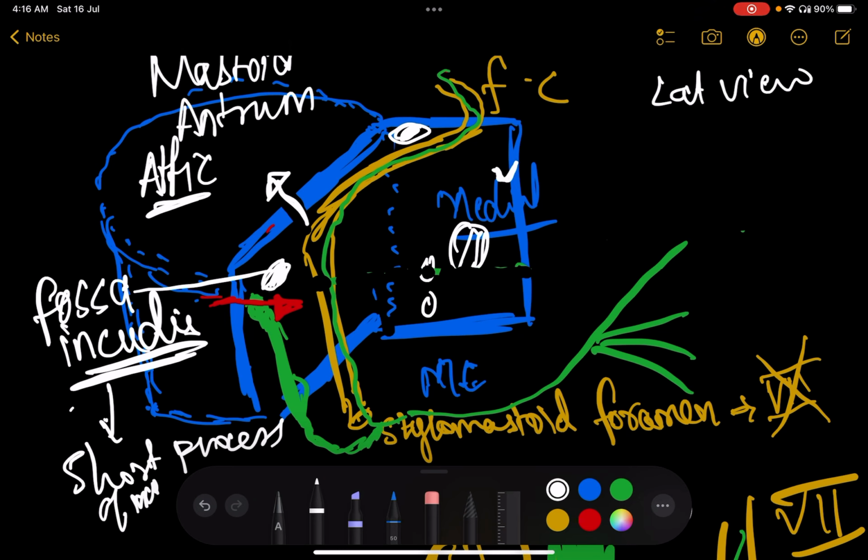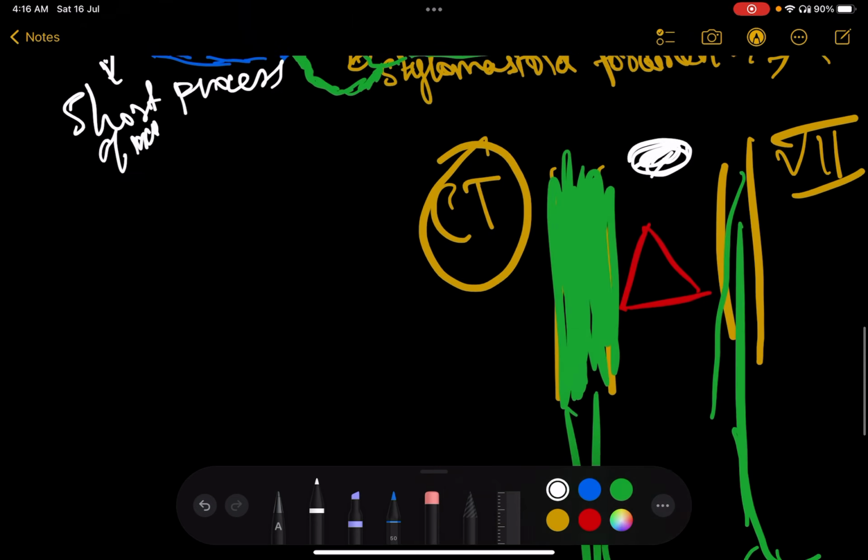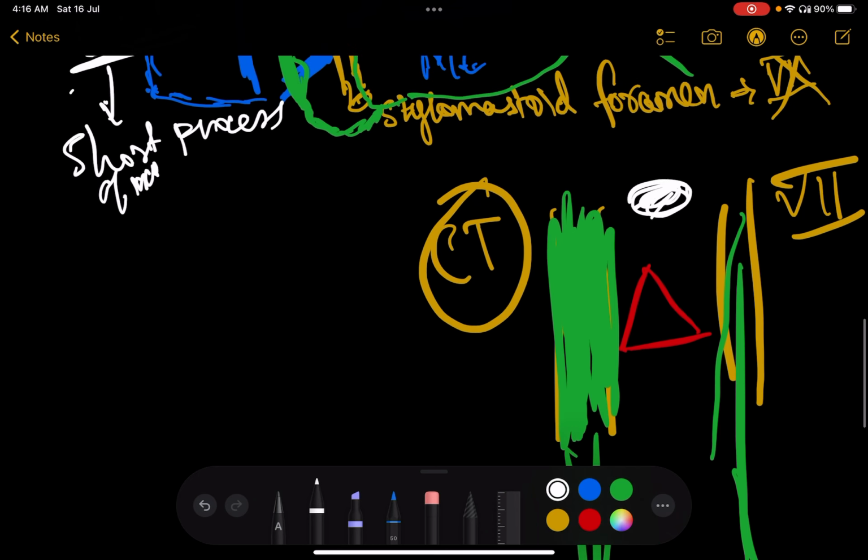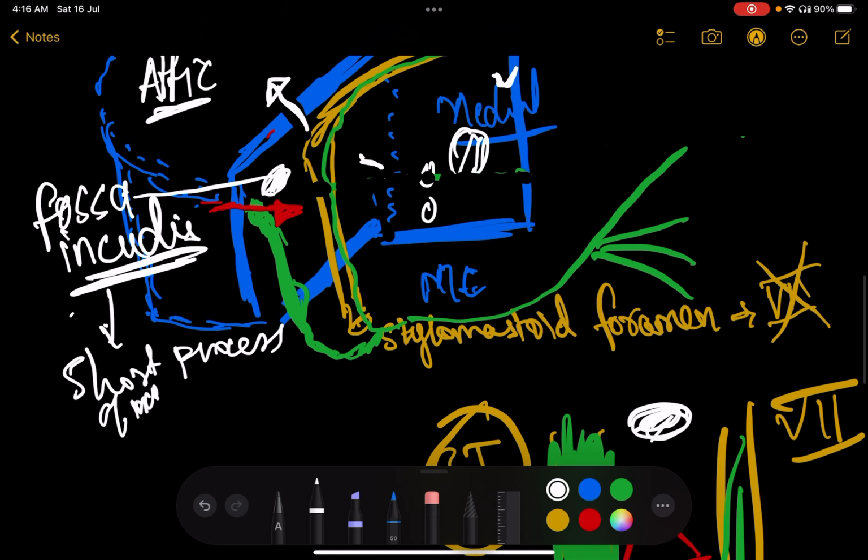Next, on the posterior wall again, we've got this very important structure called the pyramid. You will be thinking, whoa, this is the pyramid too. Definitely, this is also a facial recess area called the suprapyramidal recess. But there's a pyramid itself, it's a structure.